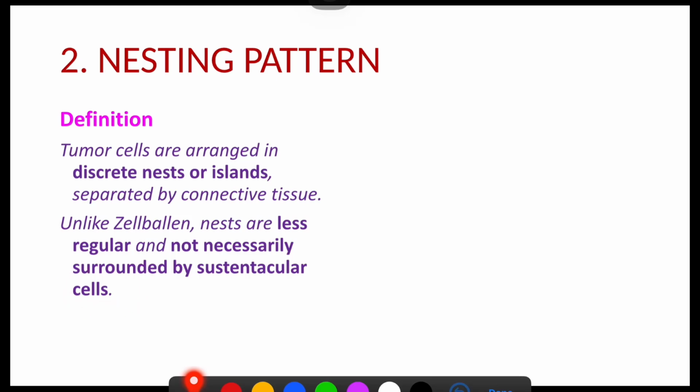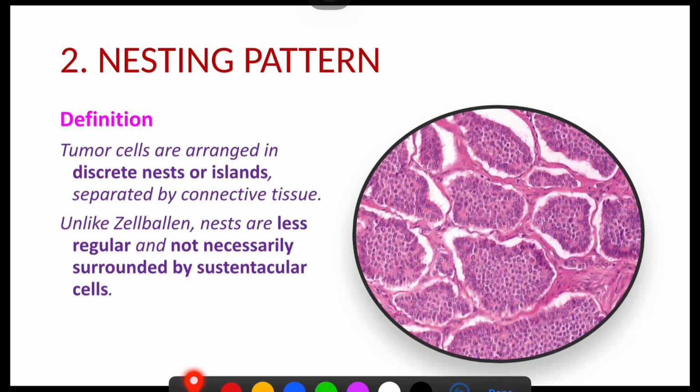So, there is absence of sustentacular cells in this pattern. Here you can see this is a pattern showing nests, multiple different sized nests, and these are separated by connective tissue.